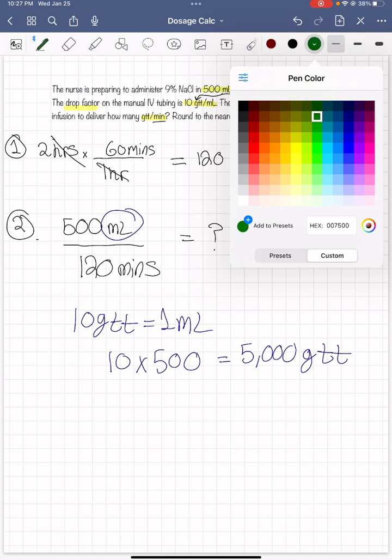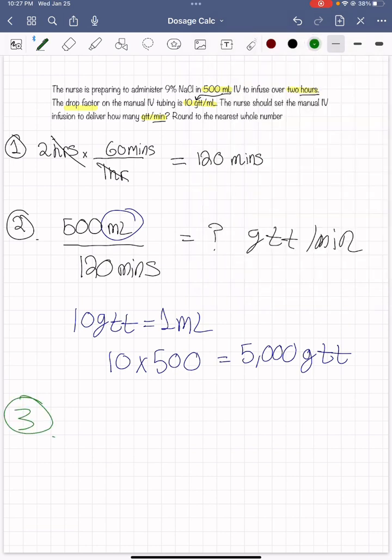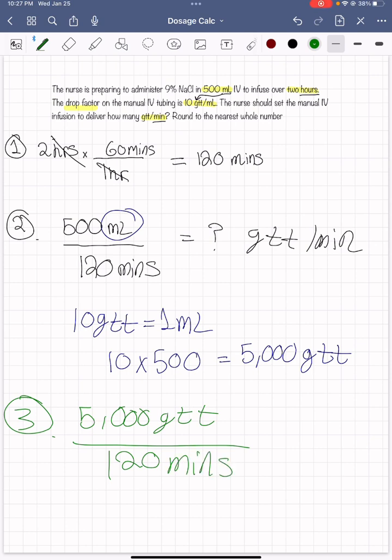So, step 3, simplify. I have 5,000 drops being infused over 120 minutes. But the question is asking me per minute. So I simply need to divide my top number by my bottom number.